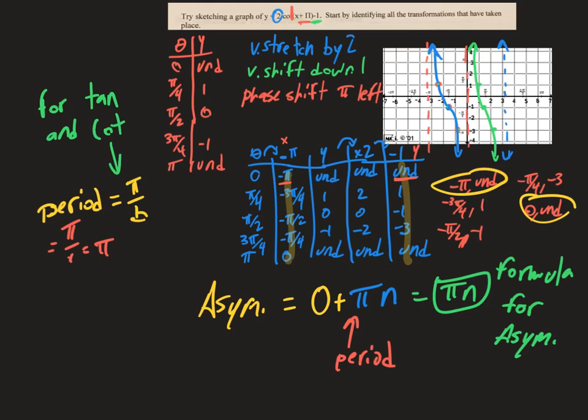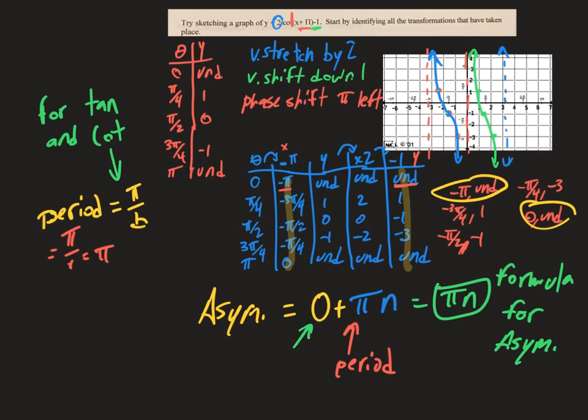All right, so as long as we remember this formula, we can always calculate the period no matter what my b value is. And then we can always say, hey, the asymptote is going to be the first one plus the period. Okay, so this is, again, the first asymptote. All right, if you add those together like that, you'll always be able to find the formula for asymptotes there as well.